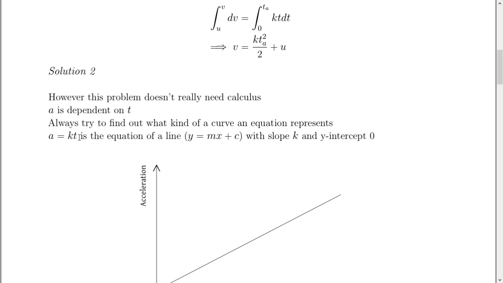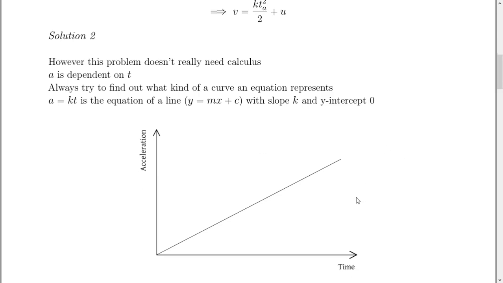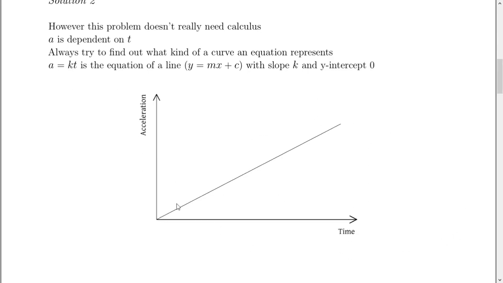In this case, it's quite straightforward. We know that this is going to be a straight line because the equation of a straight line is y equals mx plus c. And this is of that form, right? a equals kt plus 0. So here the slope is k and the y-intercept is 0. So this is the kind of curve this equation would represent.